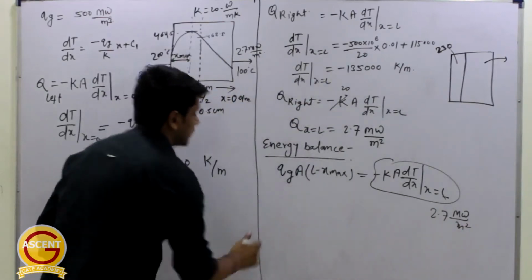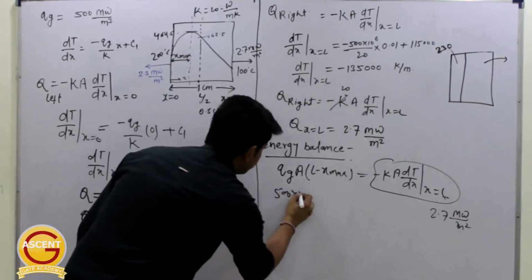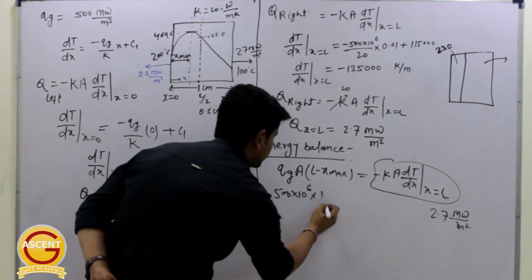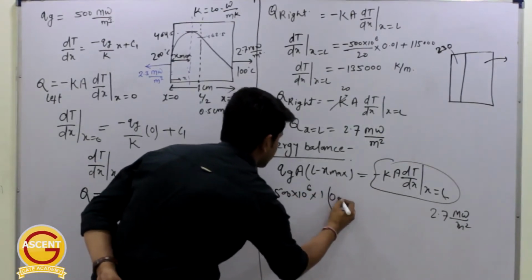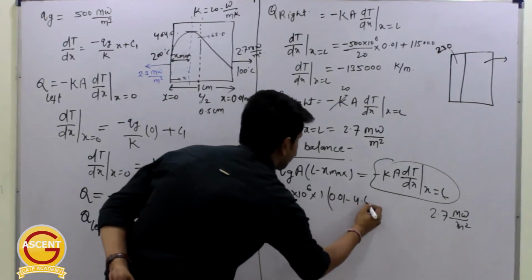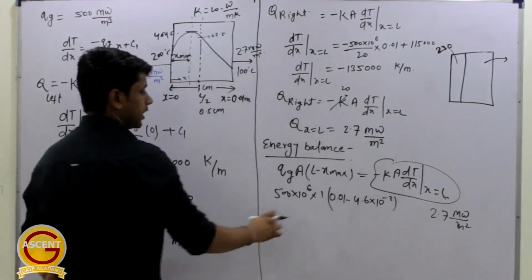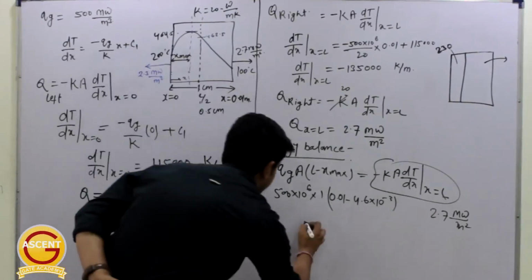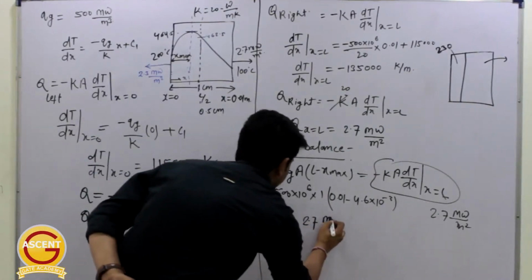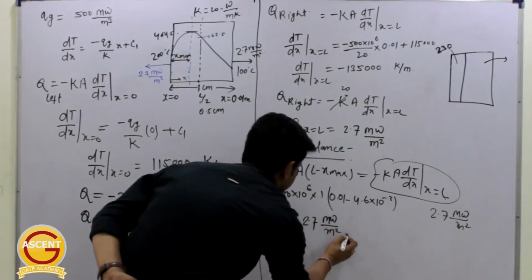This value also you can calculate. So it will be 500 into 10 power 6 into area. In place of area you write 1. So it will be 0.01 minus 4.6 into 10 power minus 3. And when you calculate this also you will get 2.7 megawatt per meter square.